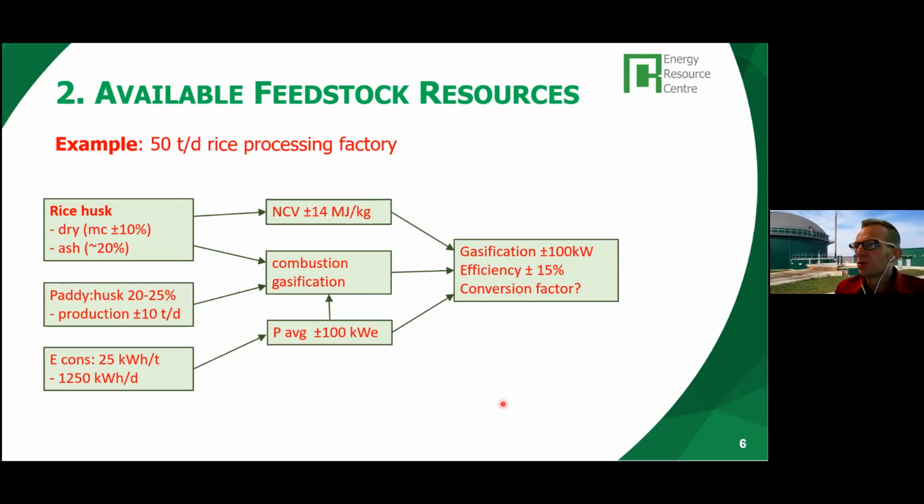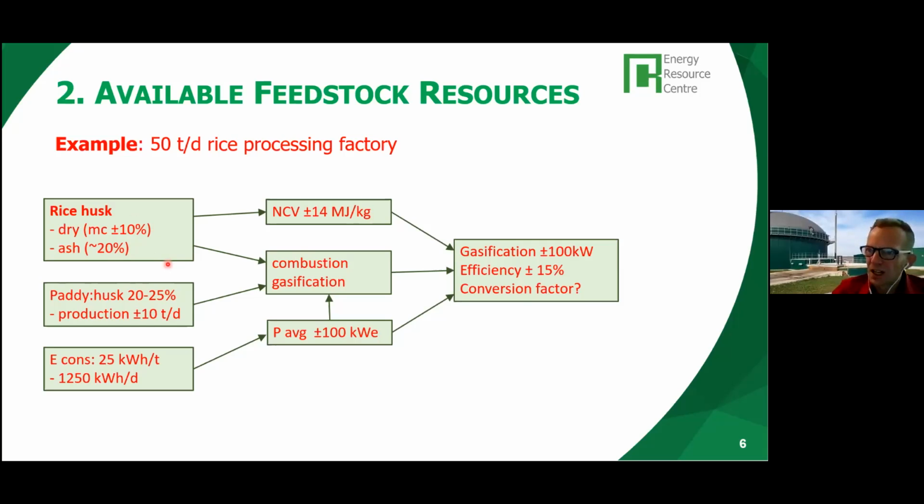This is a small example for a rice processing factory. What you see with rice processing is the removal of the rice husk. This husk is quite a suitable type of biomass feedstock for energy, because it's dry.